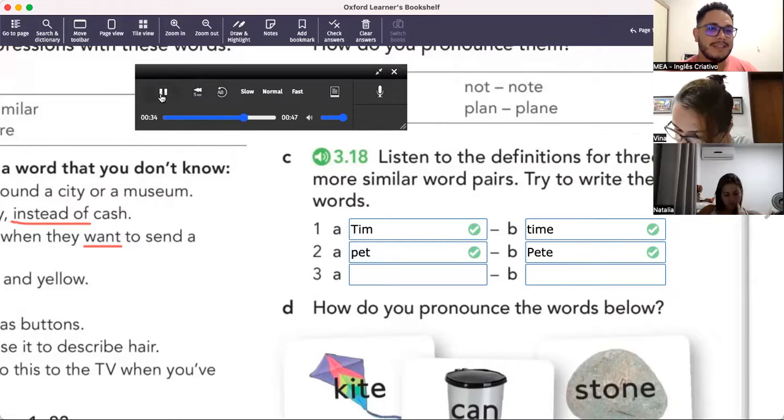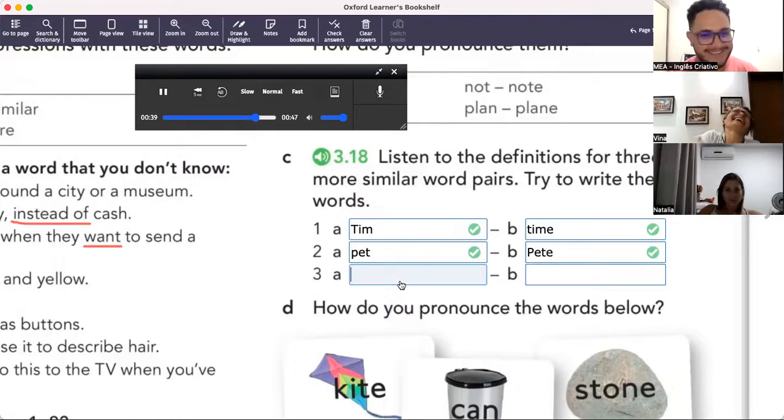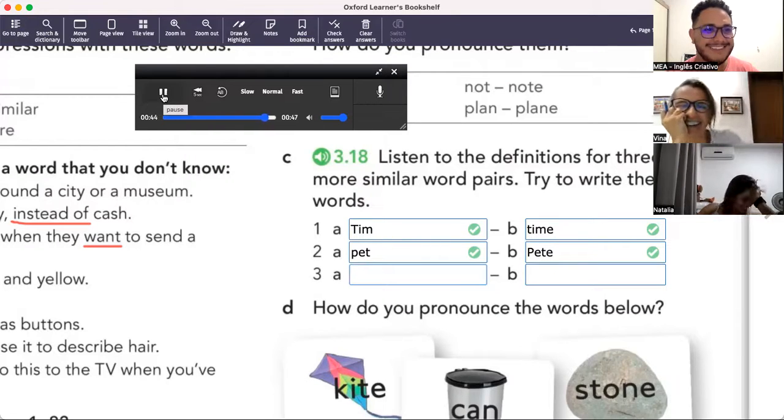3, A. It's an adjective similar to angry. I'm hungry. No. B. It's the past tense of the verb make.